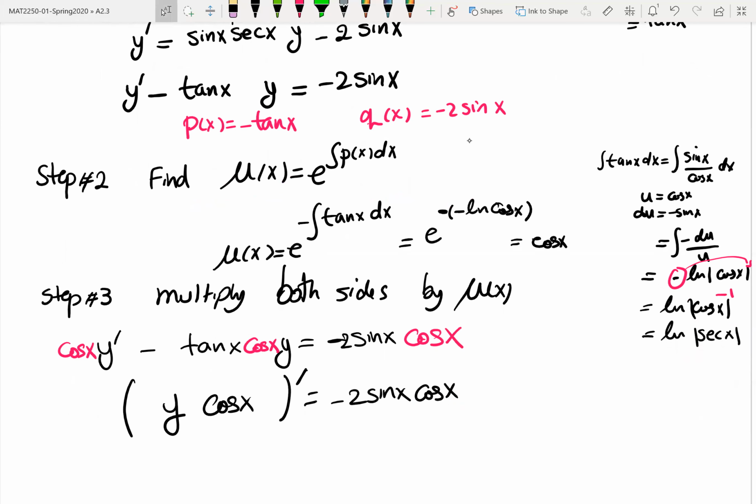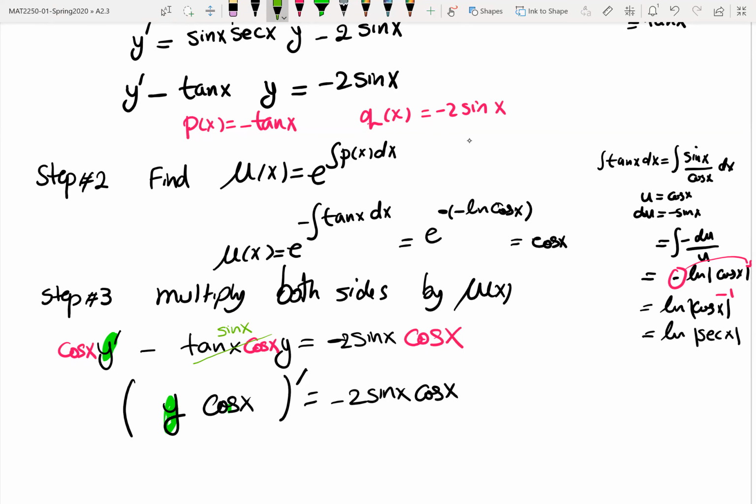So derivative of the first one, y prime, times the second one, the cosine. Derivative of the second one, and actually this is simplified, right? So the right side simplifies to just sine of x.